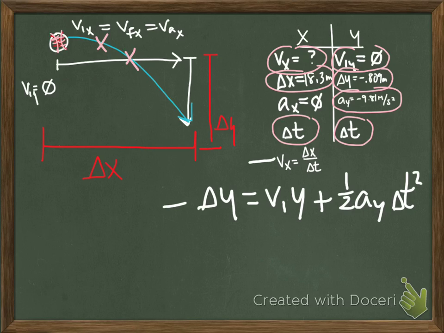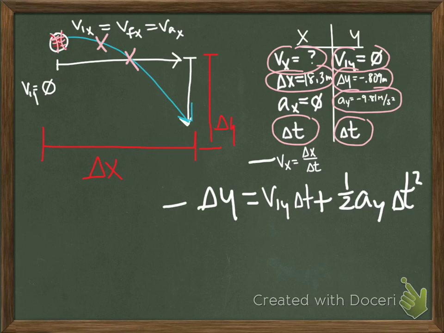Now, this works in horizontally launched projectiles for one simple reason. Because Viy, and this should be a subscript, is 0. What did I do there? I left out delta t. Geez Louise Moser. Viy delta t.